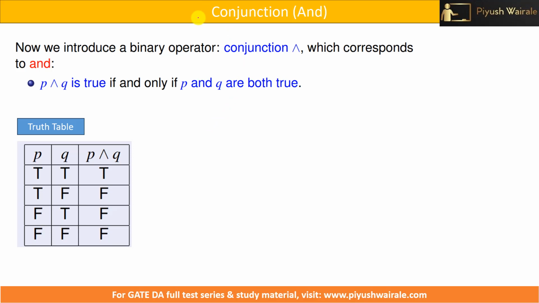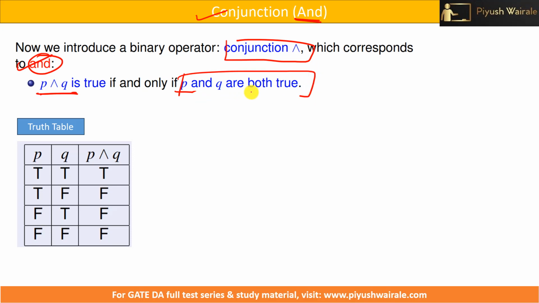Now we have conjunction, that is basically the AND operator. So now we introduce a binary operator, that is conjunction, which corresponds to AND, right? P and Q is true if and only if P and Q both are true.